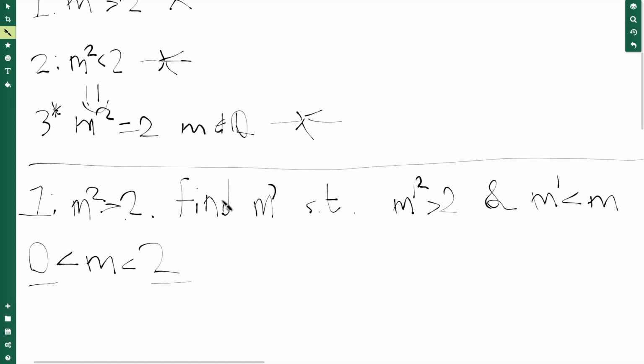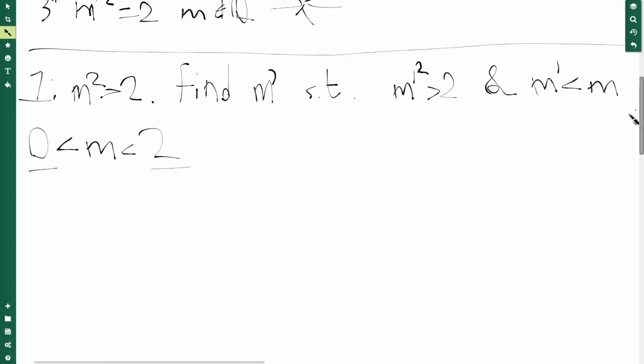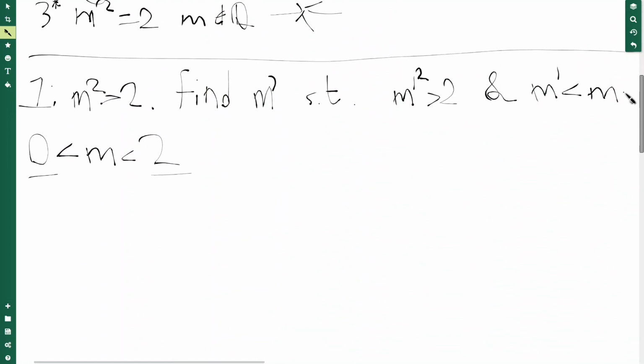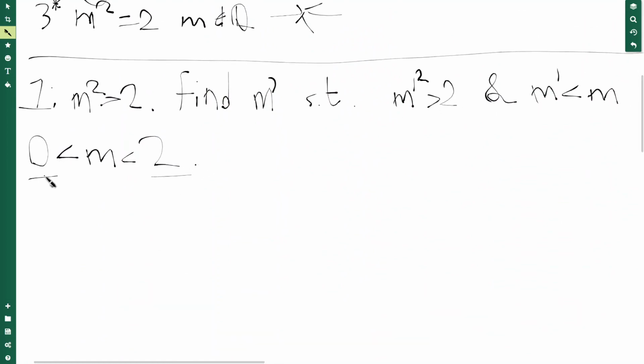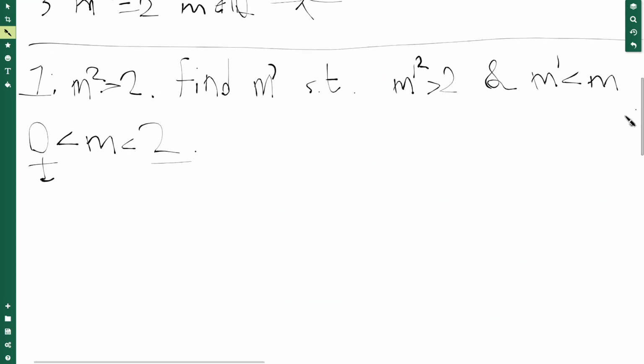If you plug in 0 into here, x, 0 is obviously a rational number, and 0 is less than 2, so that checks out. And 2, if you plug that in, well, 4 is not less than 2, so that's not in the set. Okay, so this follows, and it will follow for both cases, since there is clearly an element in E3 that is greater than 0. Okay.